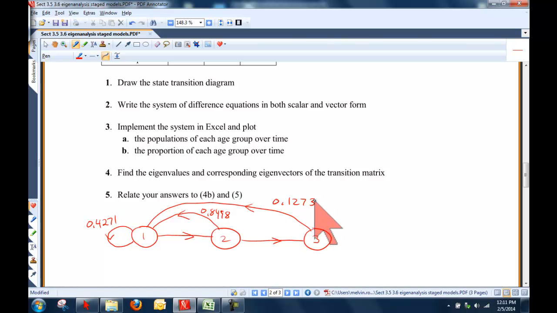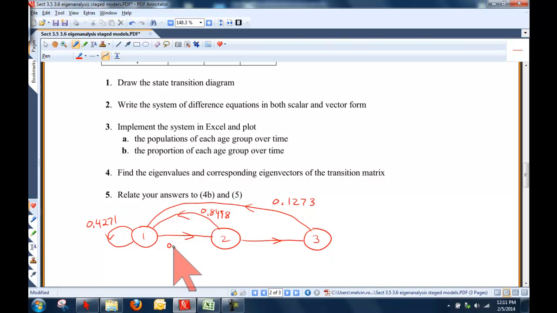Actually, notice the relative sizes of these numbers. The individuals in category number 1 presumably are barely mature, and so they are reproducing, but not nearly at the rate that the more mature females are. And then by the time the females get to age category 3, they're less fertile than before, and so the birth rate is much smaller.